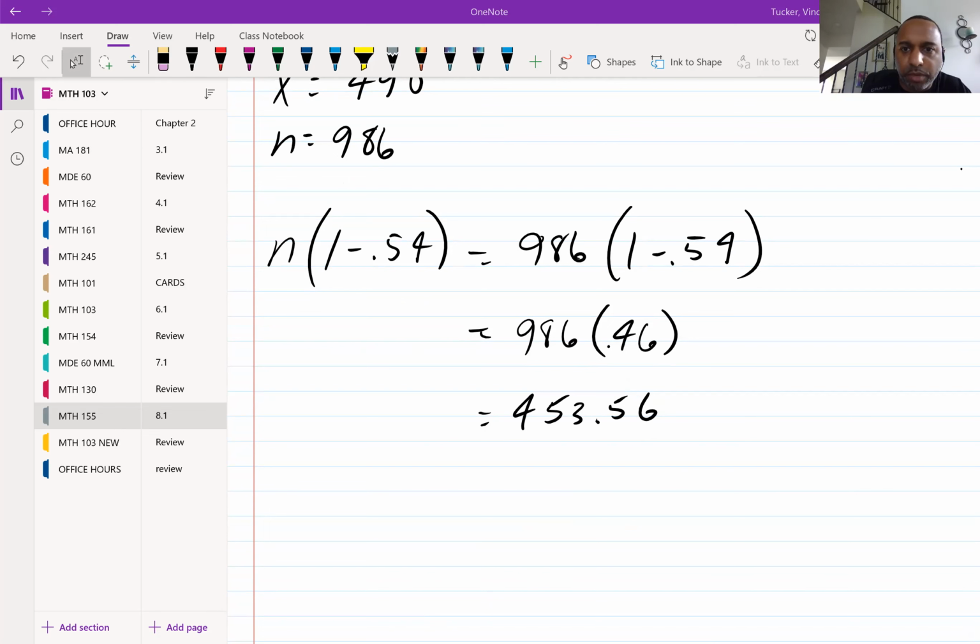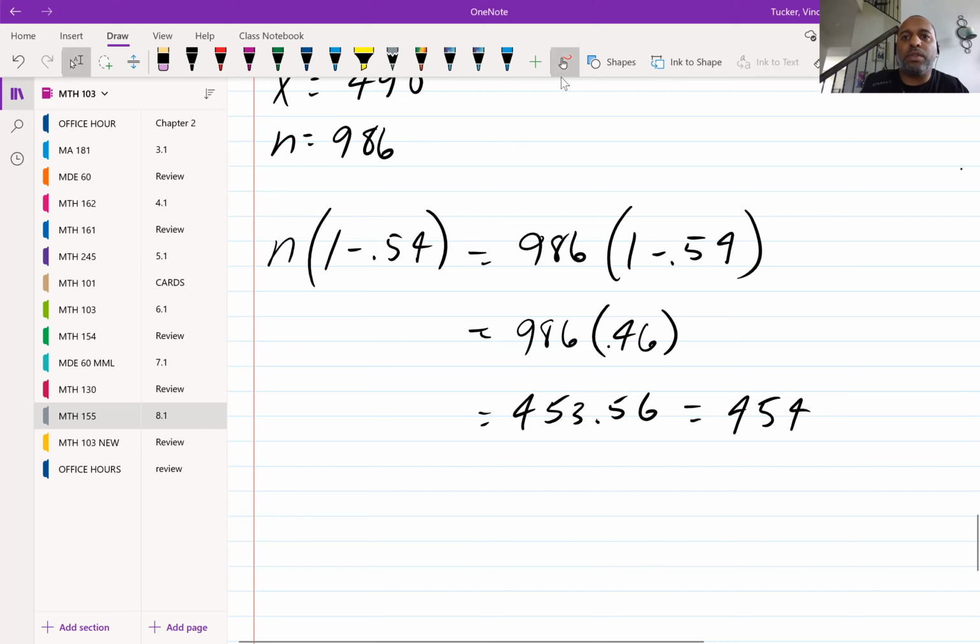Round to the nearest whole number. So it tells us to round to the nearest whole number as needed. So that should be 454. So once again, make sure you pay attention to those directions. 454, which is more than 10.